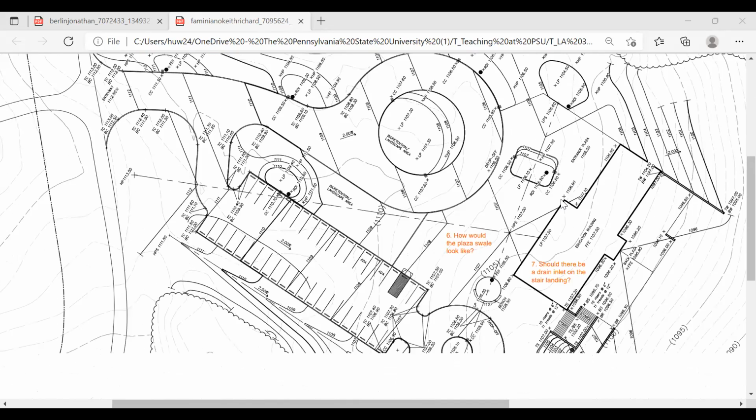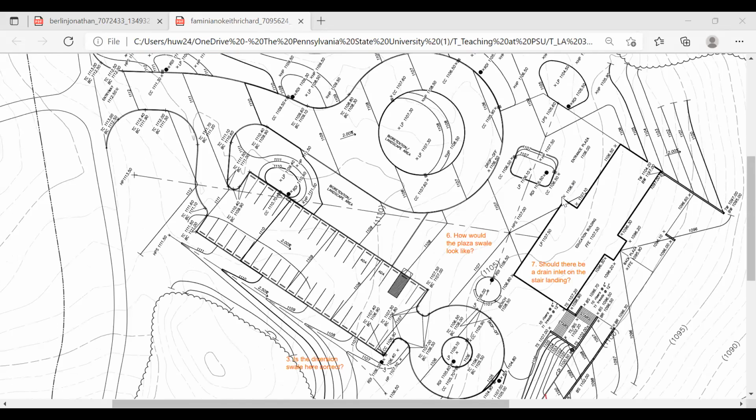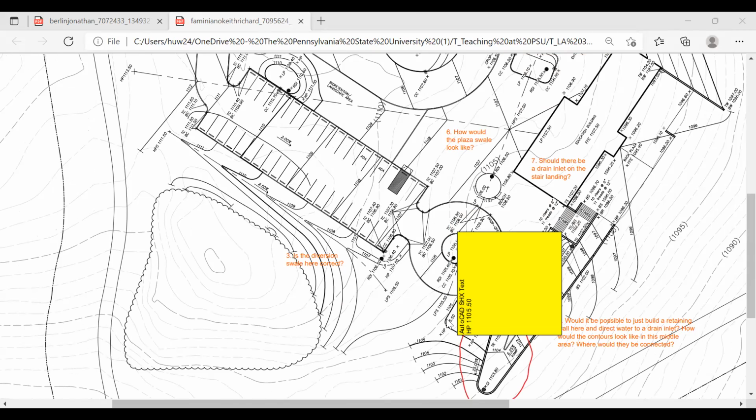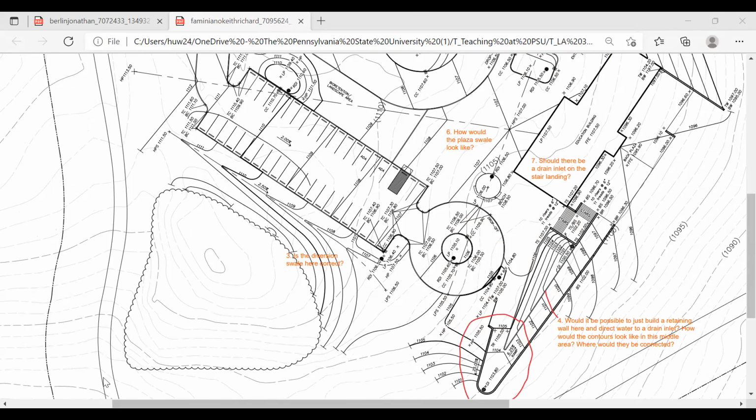All right, we go to number 6. How would the plaza swale look like? This is basically a plaza swale, right? And you would end your center line over here. It's not an LPS anymore. Basically, you indicate that as an LP or just a spot elevation would be fine.